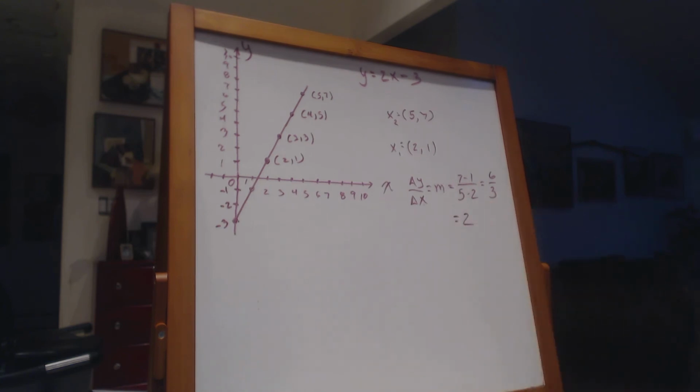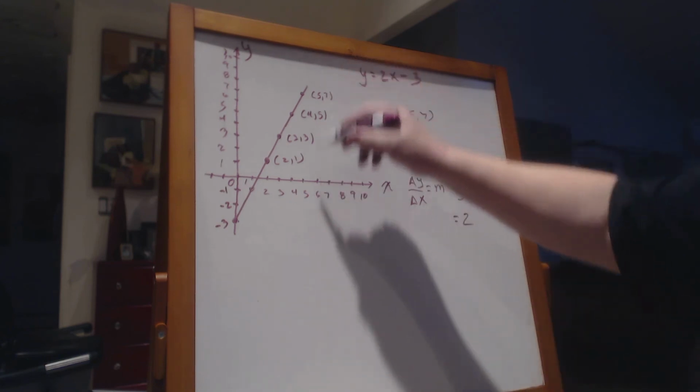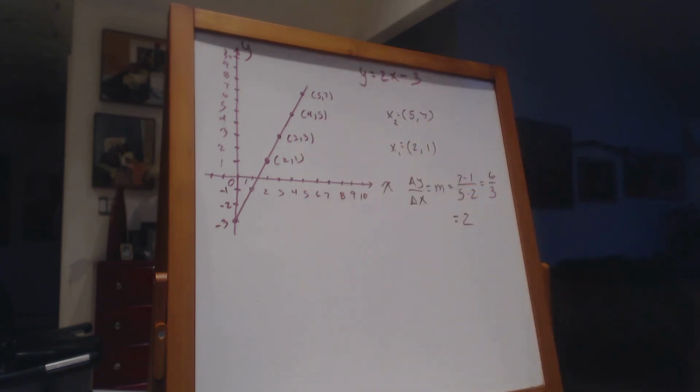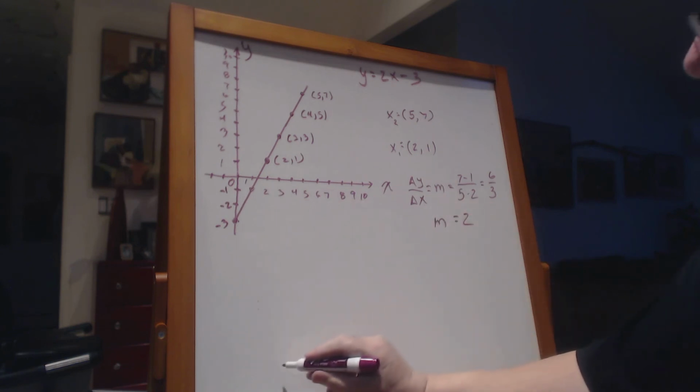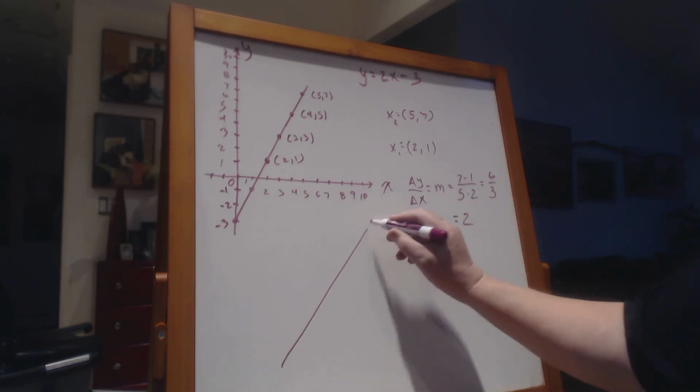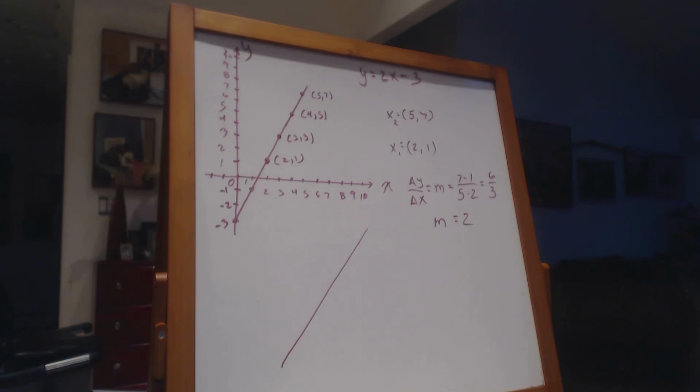So no matter how we do it, we always end up with a slope of 2 because it's all one line with one slope.